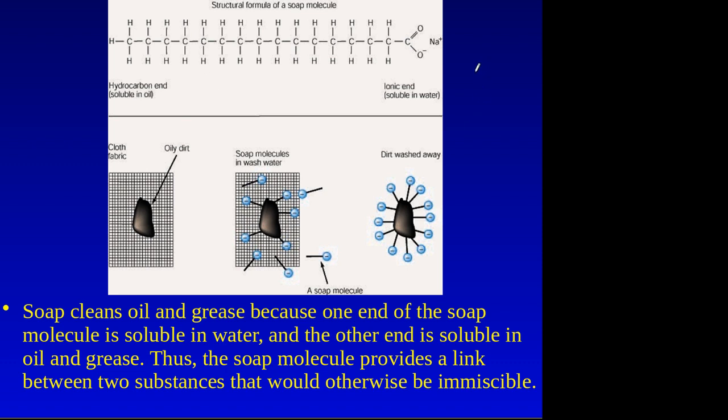This side of the machine acts differently than this side of the machine. And when this side of the machine finds oil, it dissolves into the oil. And a whole bunch of these come together and they cover the oil. But this side is soluble in water, so now this oil is surrounded by something that can dissolve in water. And so these properties of these electromagnetic forces on this molecular scale create a machine that can surround our piece of dirt and then make it so what has been surrounded can wash away.